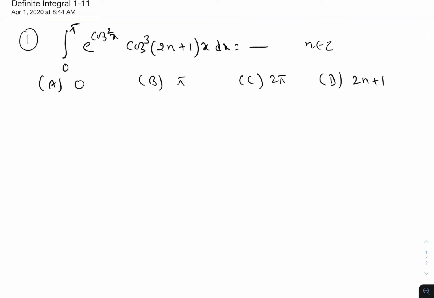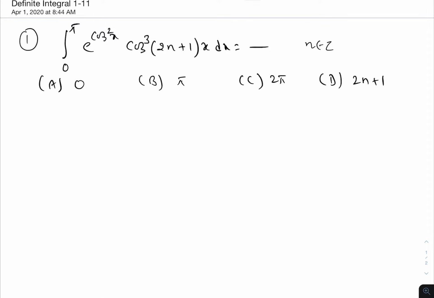Now see, in definite integration, in GUJCET or even in JEE, try to see if some properties are being used here.